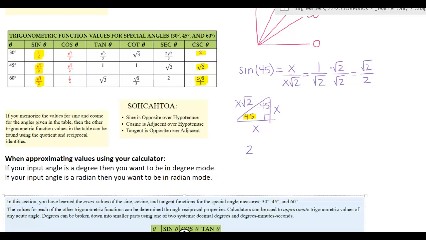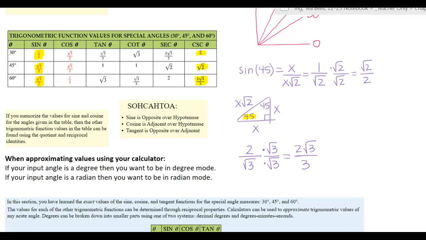If we had something like 2 over the square root of 3, remember that we again cannot leave that radical in the denominator, so we multiply the top and the bottom by the square root of 3. We would get 2 square root 3 over 3, which would be the cosecant of 60.